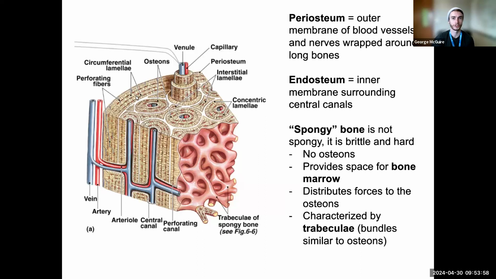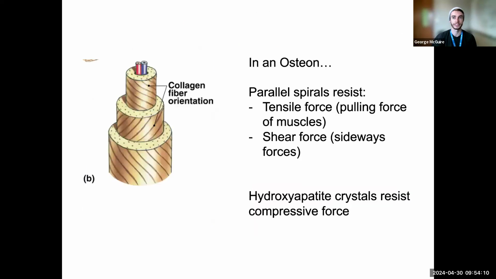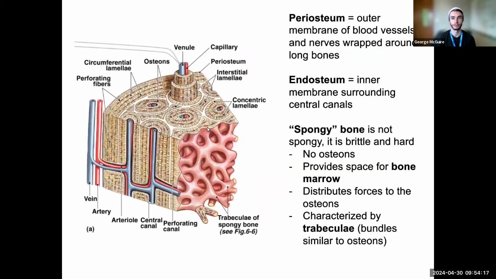But these concentric lamellae and interstitial lamellae are just part of compact bone. And that's what makes those opposite layers, opposite directions, these parallel spirals of collagen. That comes from concentric lamellae.